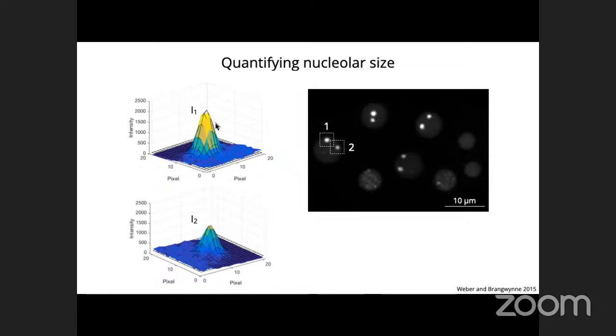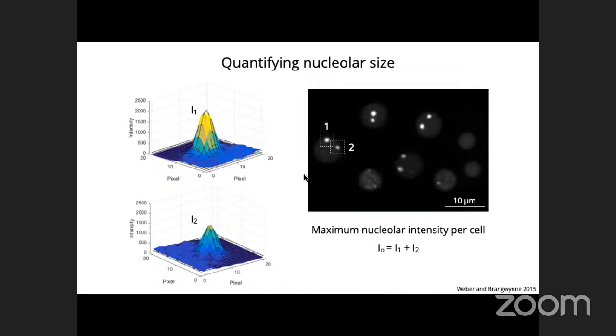This one happens to be a little bit smaller than this one, but I can sum up the intensity inside this object and get the intensity of one nucleolus, the intensity of the second nucleolus, and then I can calculate the maximum intensity of nucleoli per cell. I pool them together just because there can be some variation between the two.